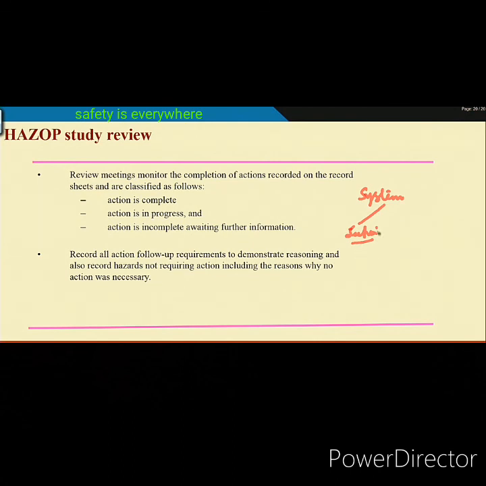Now, in every section you find out a couple of study nodes. Then for every study node, find out the applicable process parameters. Then once you take one parameter, find out how many guide words are applicable.